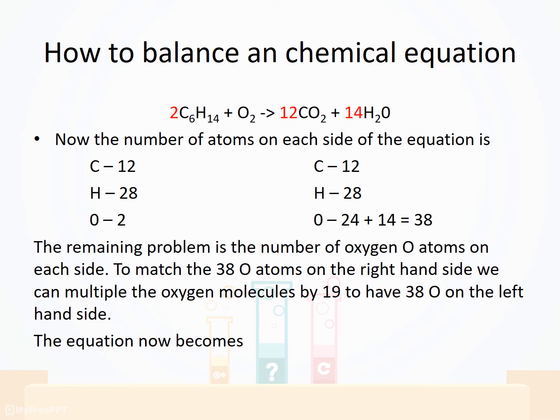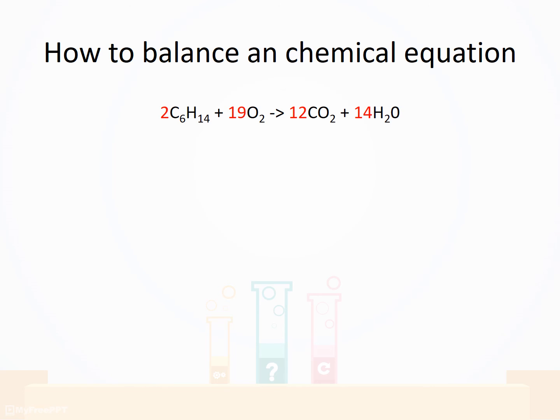So our equation now becomes 2 hexanes plus 19 oxygen molecules goes to 12 carbon dioxides and 14 waters. Let's see how we're going with our equation. So here's our changed equation. 2 hexanes plus 19 oxygen molecules goes to 12 carbon dioxide molecules and 14 water.